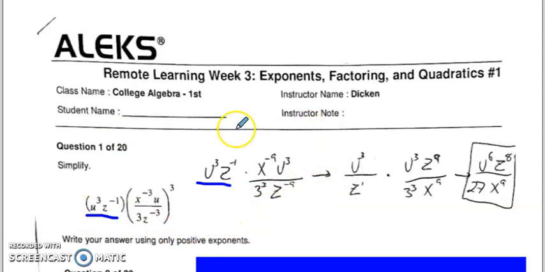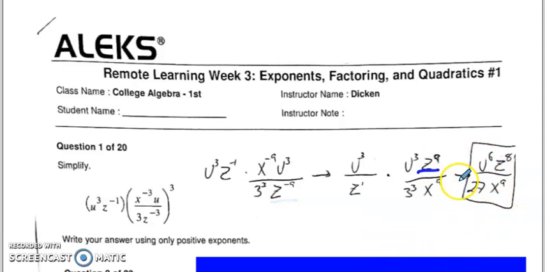Next, once I have all those exponents distributed out, I kept an eye out for negatives. So here you can see the z got flipped to the bottom because we had a negative there. The x to the negative ninth got flipped down to the bottom because we had a negative exponent there. Z to the negative ninth got bumped up to the top again because of the negative exponents. Negative exponents just switch the positioning.